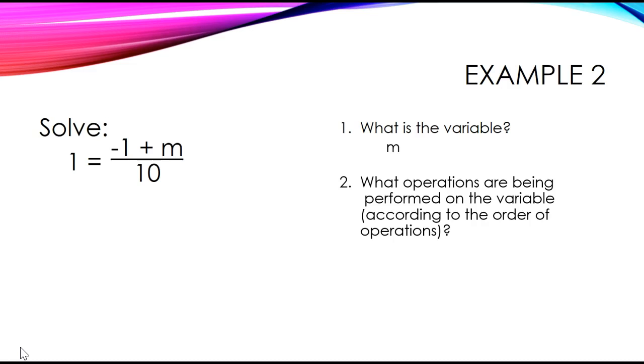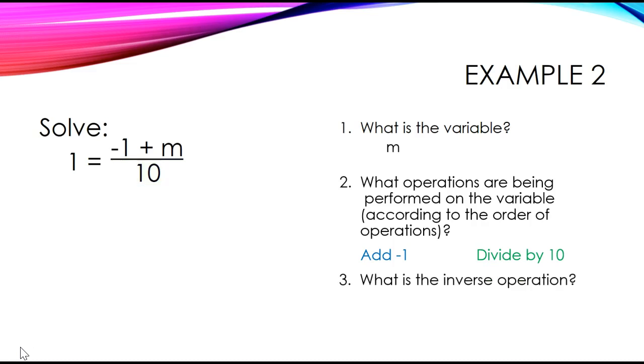Normally we would say divide first. However, the numerator is considered a group, or it's considered to be in parentheses. So actually, the adding negative 1 is happening first, and the divide by 10 is happening second.